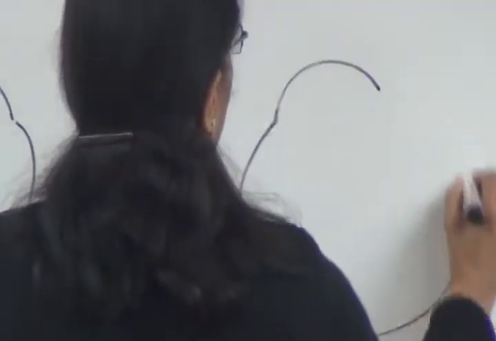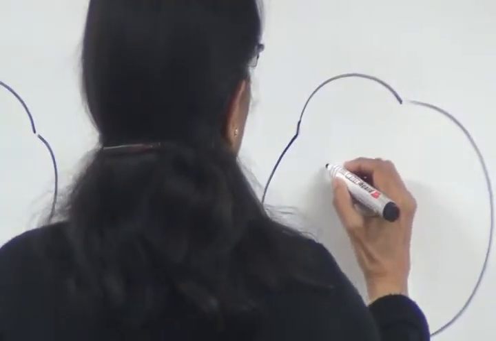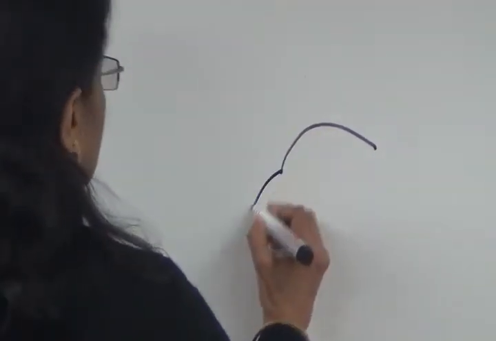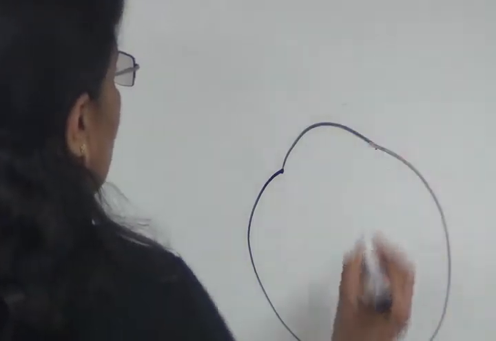So, we have these two eyes. Don't mind the asymmetry. I think it has become a very big asymmetry. You have these two eyes which are focusing at a common object.